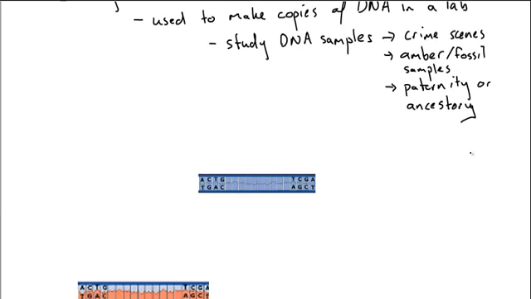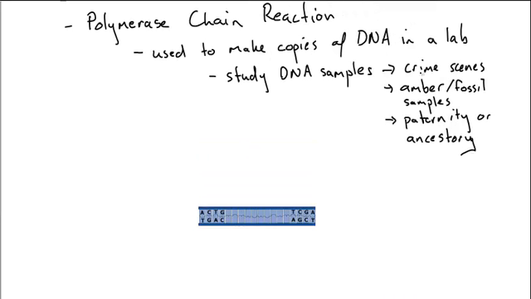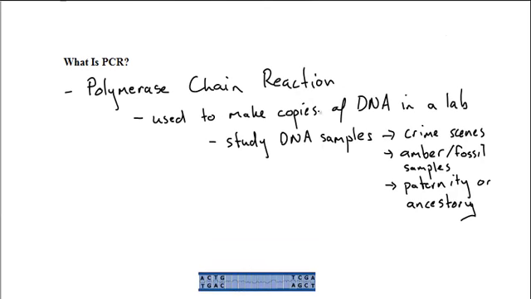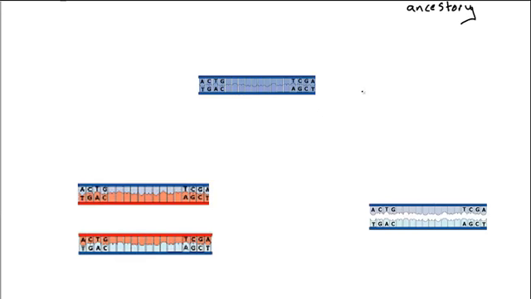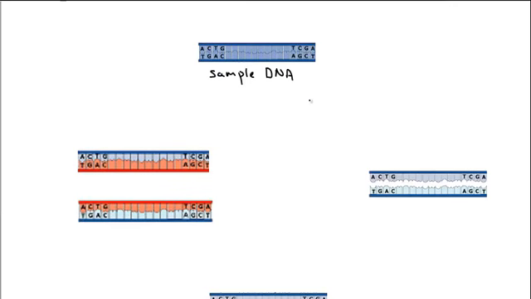Okay, now it's called a chain reaction because it's like dominoes. Once one falls, they all fall. But really, it's exponential. So what happens is you start with your sample DNA. And you put it in a machine called a thermocycler.